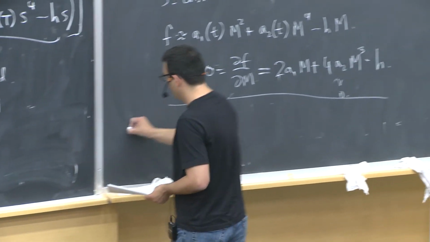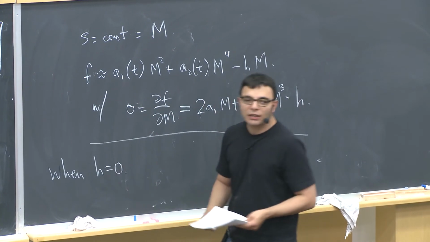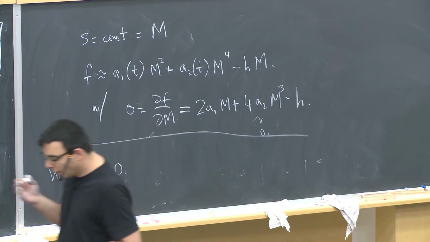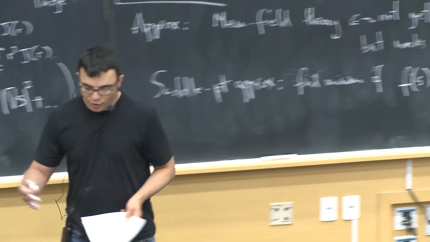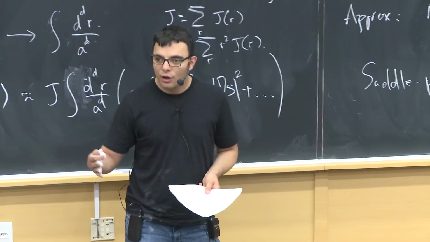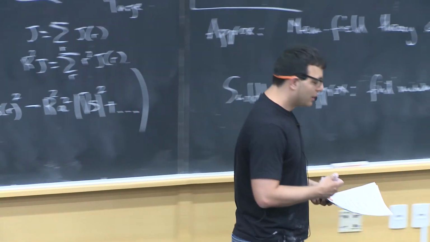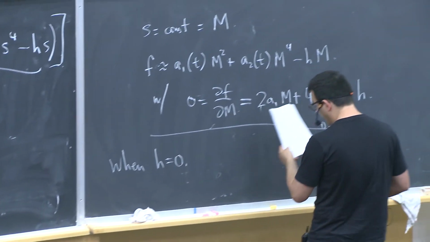Well, let's just take first h equals 0 and see what the magnetization is. So the signature of a second order phase transition is that above the critical temperature, when H equals 0, the magnetization is 0. Right below the critical temperature, when H equals 0, there's some spontaneous magnetization. So let's try to see how many solutions this equation has.